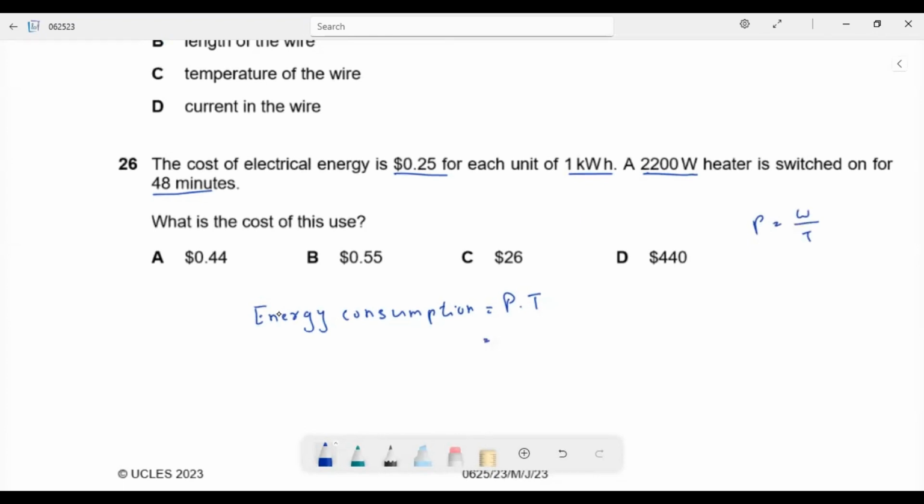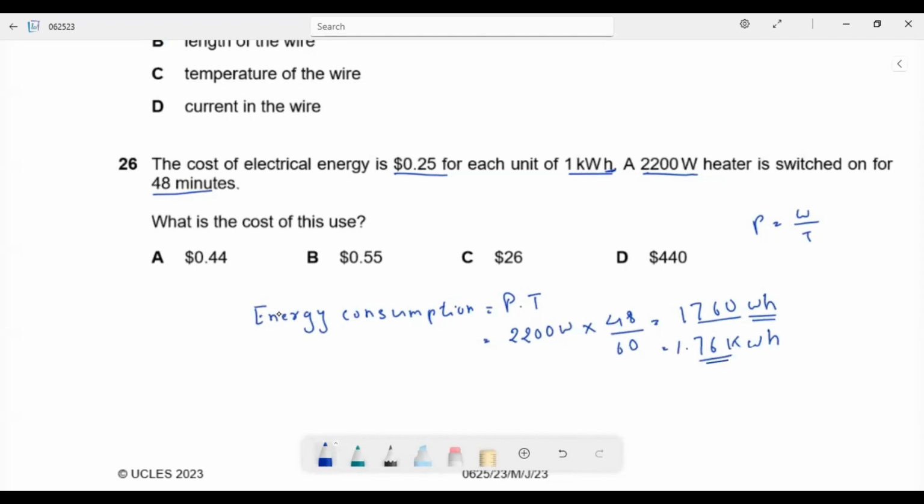The power here is 2200 watt and it is for 48 minutes. So we need to convert to hours, that is 48 by 60. So we'll be getting the answer as 1760 watt hour. We can convert to kilowatt, that means 1.76 kilowatt hour.